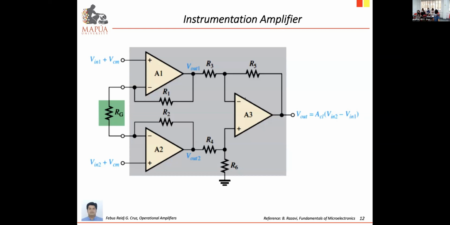Or actually, it is also a subtractor. A2, again, when we say subtractor, you have two inputs. You have an input on the positive, and on the negative, effectively, we also have another input. The negative is not connected to ground. So it can perform as a subtractor or difference amplifier.